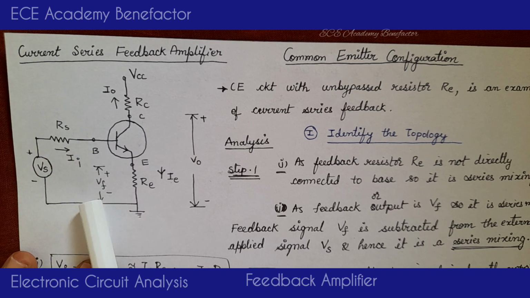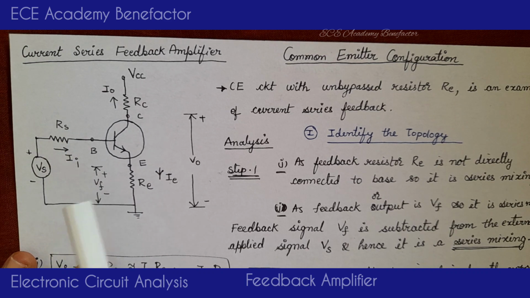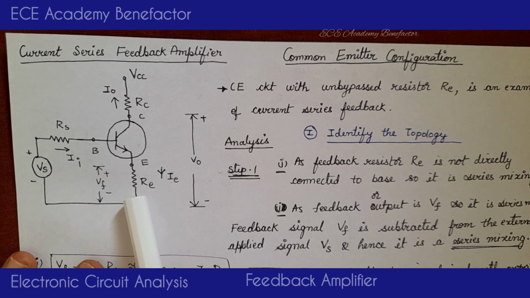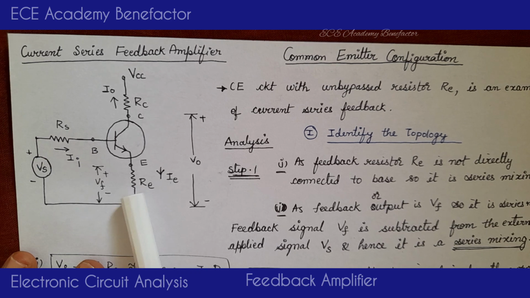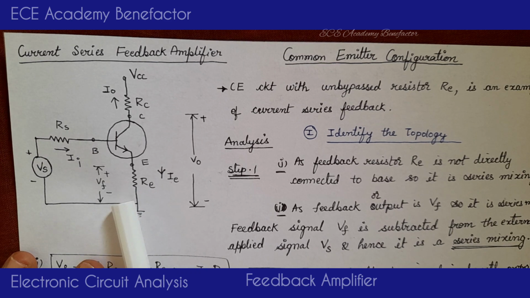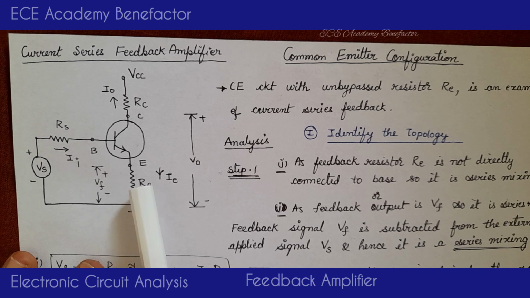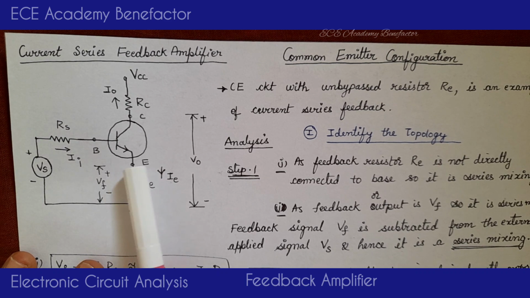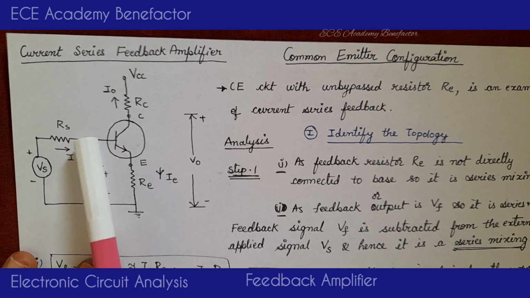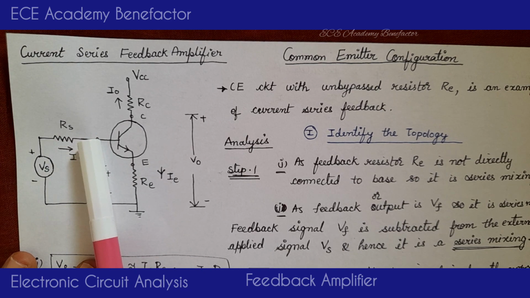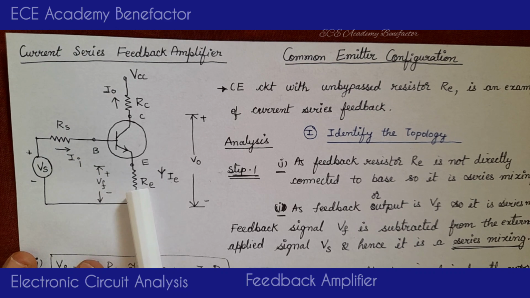So how to identify the type of mixing? There are two types of mixing, series mixing and shunt mixing. In our previous class we have already seen what are the steps to find the type of mixing. Based on that reference we can now easily understand, as the feedback resistor RE is not directly connected to the base of the transistor, it is series mixing.